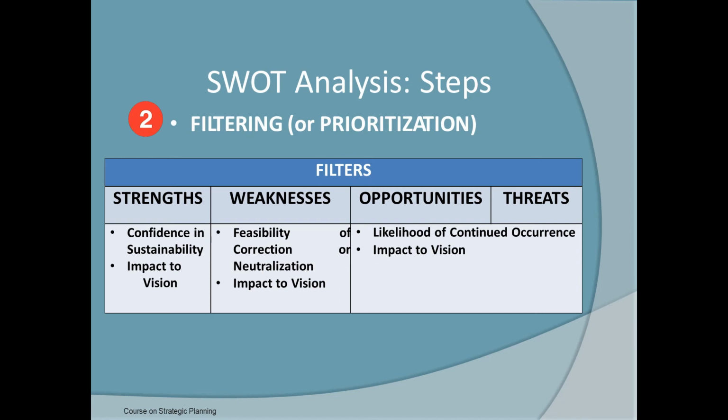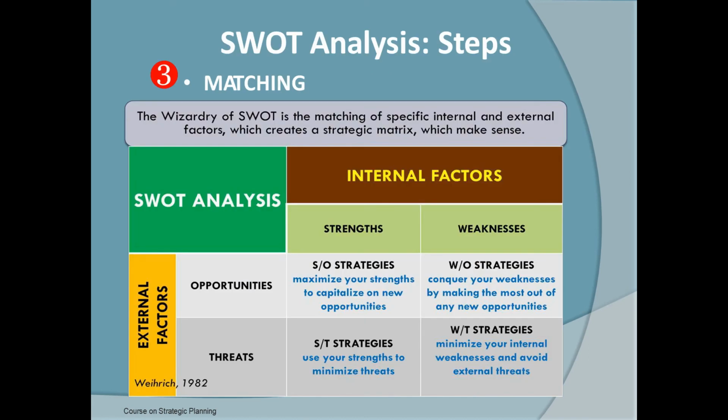For opportunities and threats, actually you can list a lot of them, but what would be the impact to vision and the likelihood of its occurrence, or the percentage of its occurrence, or the probability of its occurrence. And then this is the important part, the last part of your SWOT analysis: the matching.